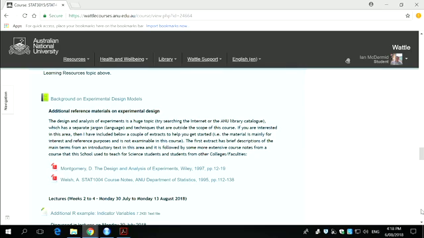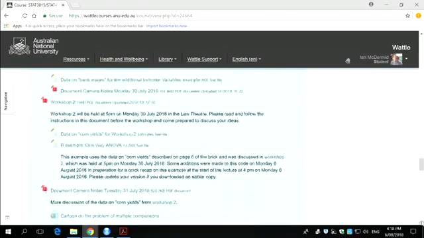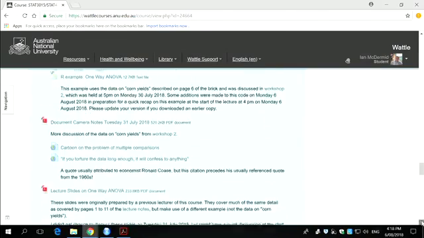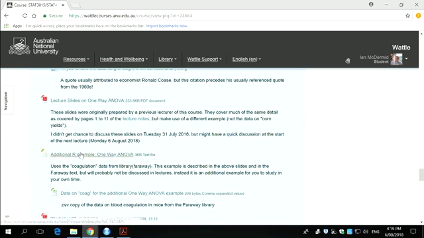There's Faraway's take on it, and there's Bronwyn's take on it as well. I encourage you to read as much of those until you think you've got the major points in each of these bits of material. So there's Bronwyn's slides, which I have briefly discussed now, and there's the example she actually used as an hour example with the data. So if you want to run through that, you can do that as an exercise and have a look at her early slides.